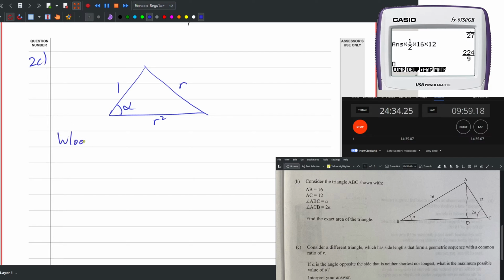We'll say the shortest side is 1. Let the ratio be r. Okay. What are we doing here?